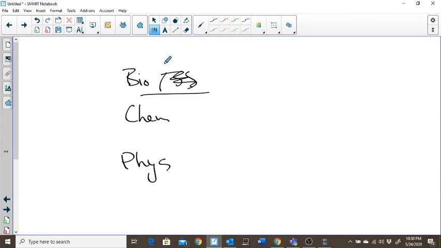Generally bio is pretty straightforward because in bio you're studying things that grow, and you're learning about us as people, living organisms and so on. So biology is interesting. Not a lot of math. Math comes in when you go to college. When you're in university, then you're going to get some math coming into biology.